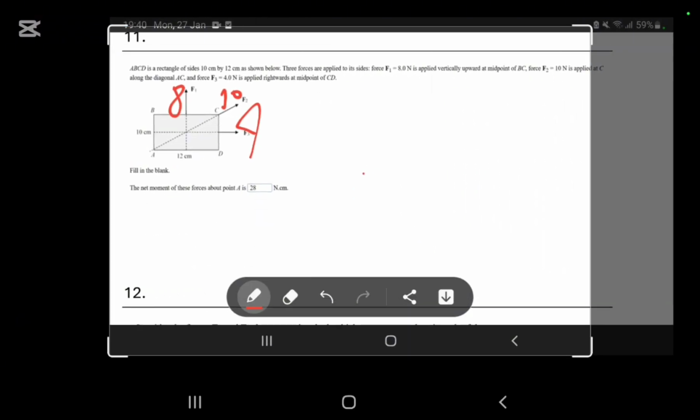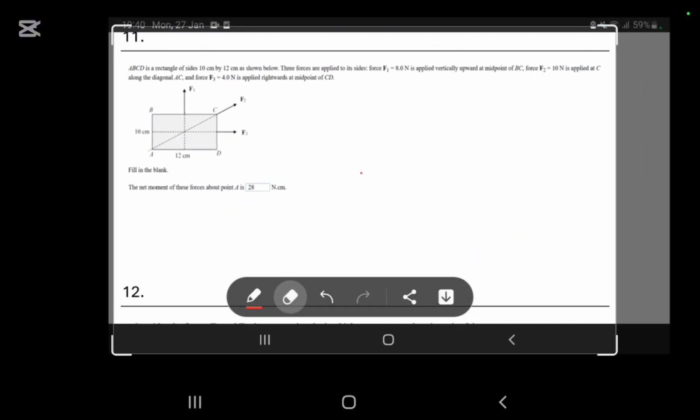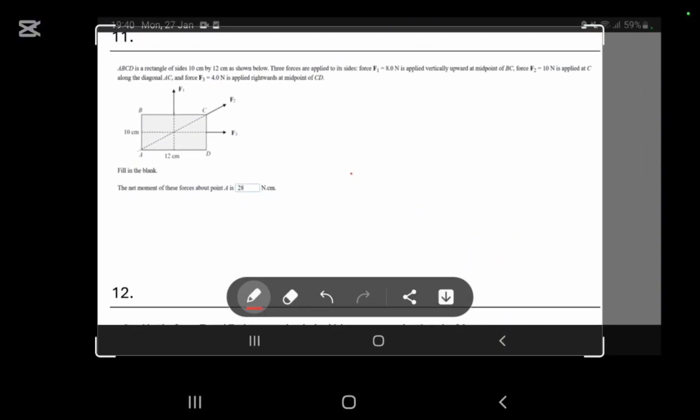They wanted it about A, the pivot A. So what is the perpendicular distance from A to F1? It's going to be this, which, as they said, is the midpoint. So we have 6 times 8.